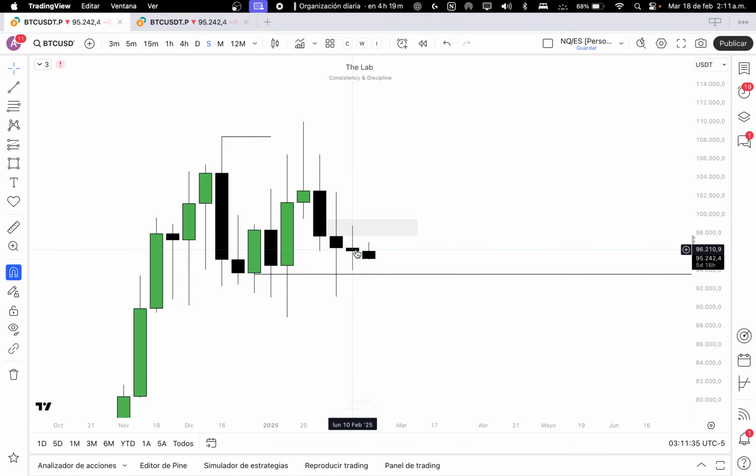Actually, the change in the state of delivery was exactly here. And it seems that the highest probability draw on liquidity is going to be the 80% fulfill of the daily candle, this one that took this OB.